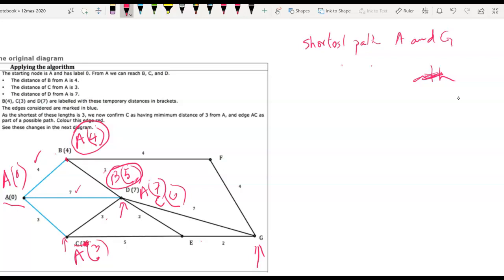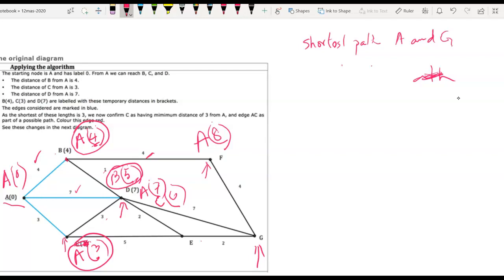Right? Now let's consider F. To F, the only way we can come from is A, and the total distance will be 4 plus another 4. Right?